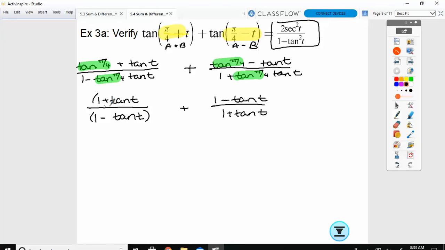Common denominator. So this one has 1 minus tangent. We practiced one of these before your quiz yesterday because I told you you would have one on your quiz. If this has 1 minus, it needs 1 plus. This one has 1 plus, so it needs 1 minus.